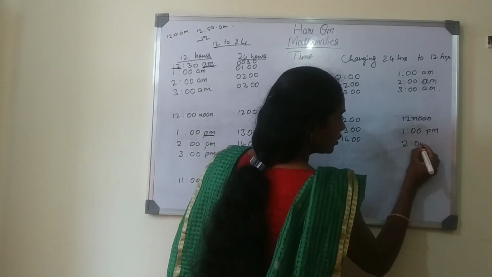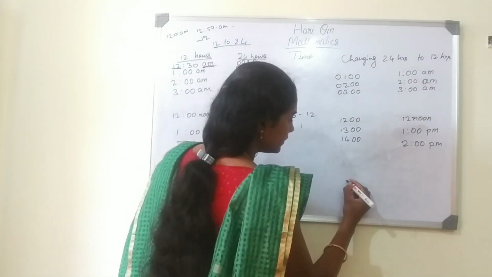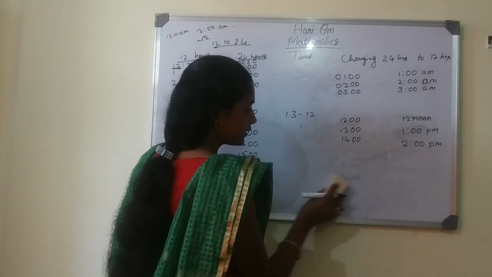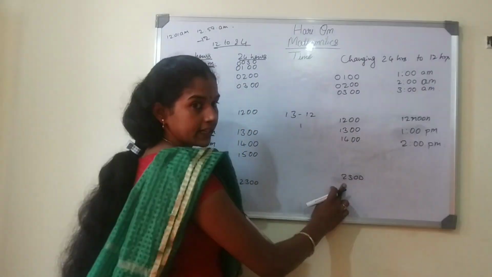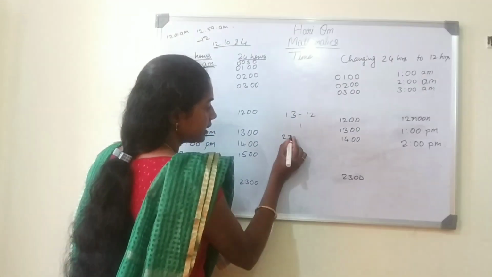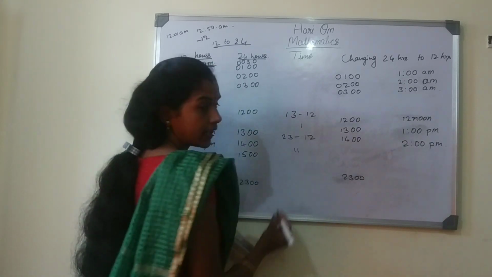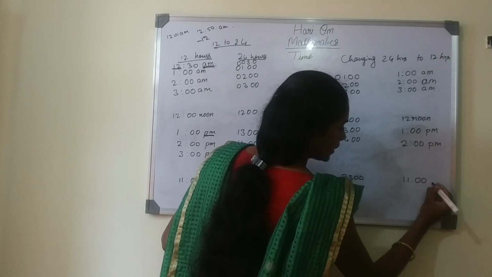So it is 2 PM. And it continues the same till 23. If it is 23 hours, it will be 23 minus 12. It will be 11. So it is 11 PM.